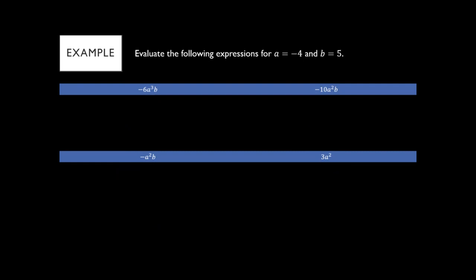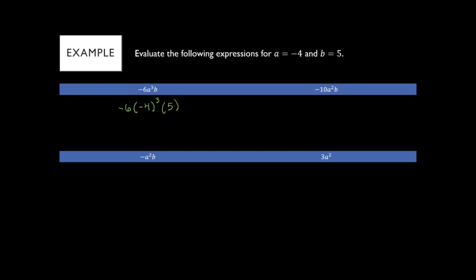Okay, same values for a and b here. We're going to change up some of where the exponents are and everything like that, but same values for a and b. So I have negative 6, and then a cubed. So a is negative 4, then I need to have my exponent of 3, and then I'm multiplying by 5.